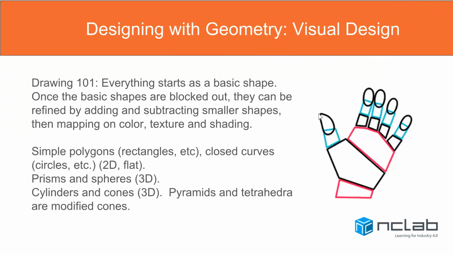It's the top of the thumb. And once you get into 3D, then you're looking at prisms and spheres and cylinders and cones. The computer thinks of pyramids and tetrahedra as a type of a cone. So a cone with only 4 sides would be a tetrahedron. So think about building your model in basic shapes.